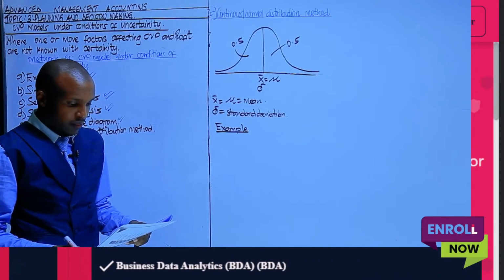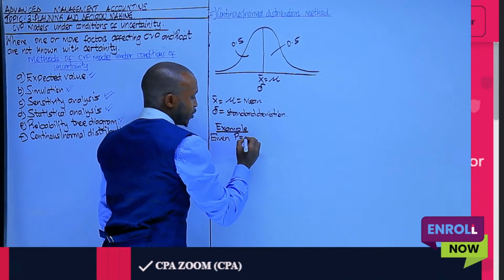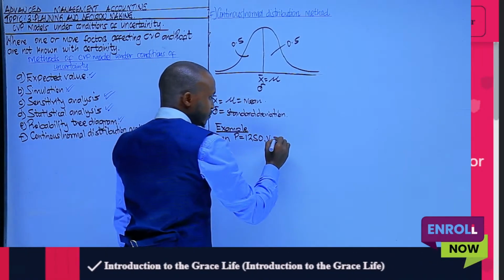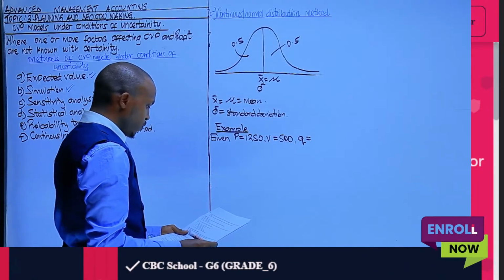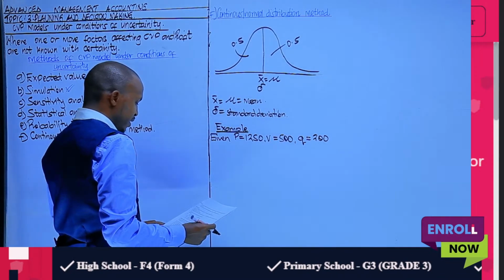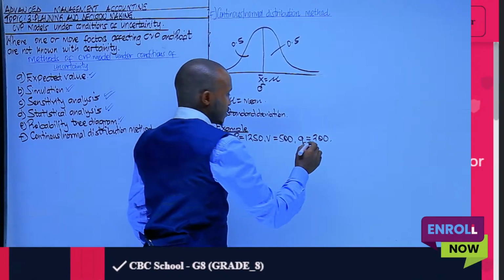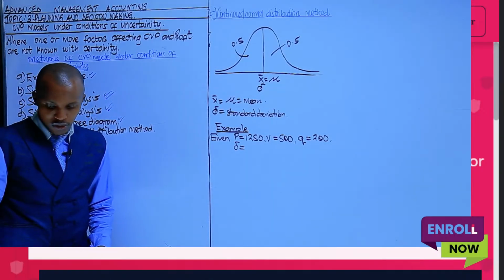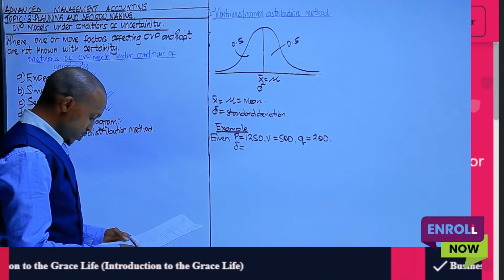So we can say that given a selling price per unit of 1250, a variable cost of 500, your expected sales of 200, and a standard deviation of 300.